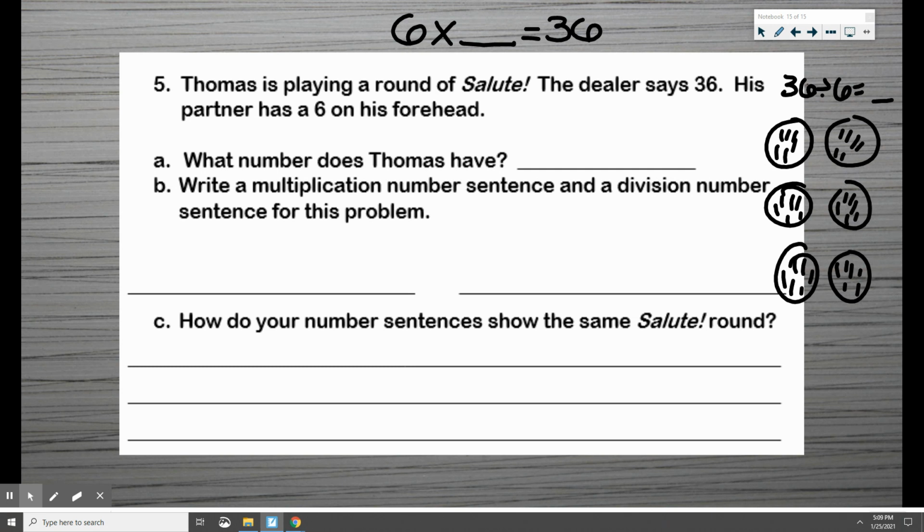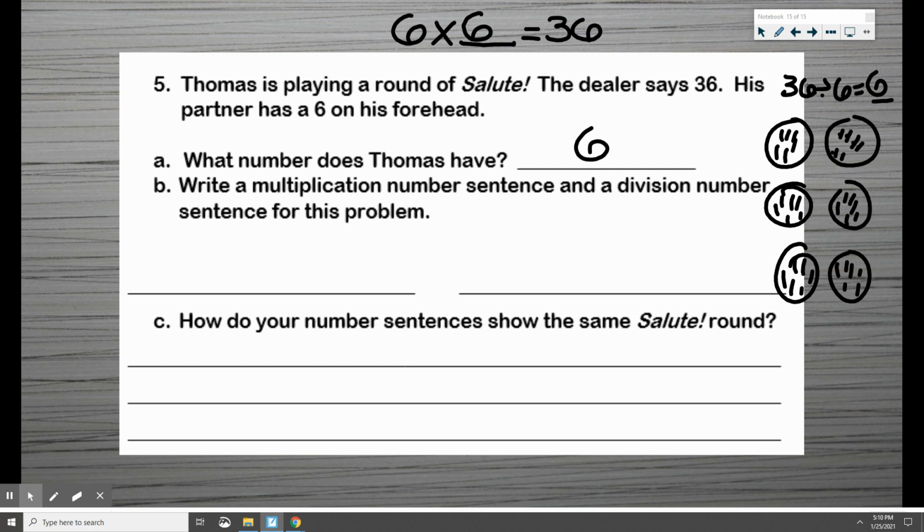When I split those out equally, I can see that each group has 6. So 36 divided by 6 equals 6. That must mean 6 times 6 equals 36. So what number does Thomas have on him? It is 6.